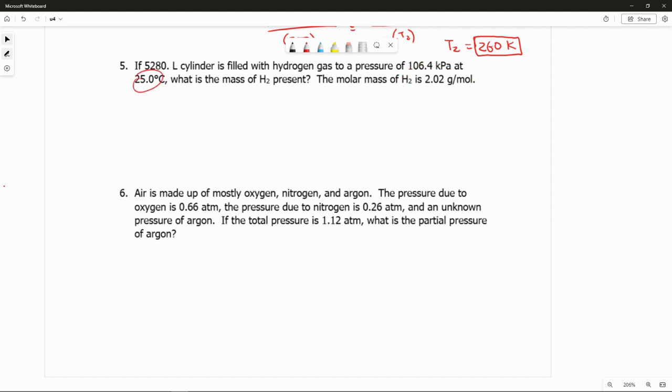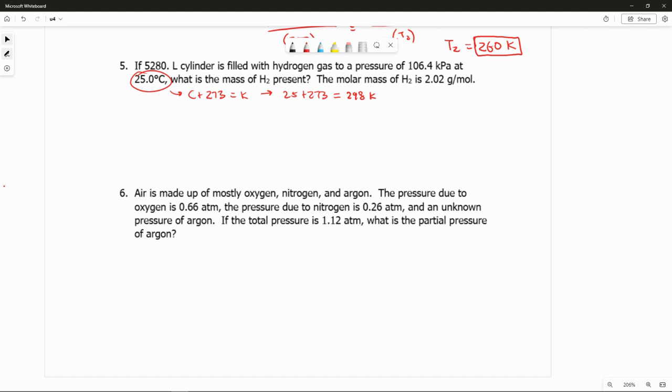Let's convert Celsius to Kelvin first, because for every gas law equation, we have to have this in Kelvin. So the equation is C, as in Celsius, plus 273 is Kelvin, which gives us 25 plus 273 is Kelvin, which means that when you type this in your calculator or do this in your head, you're going to get 298 Kelvin.